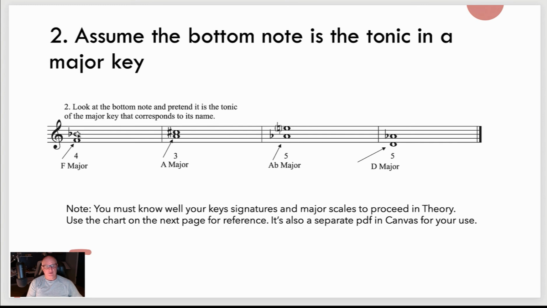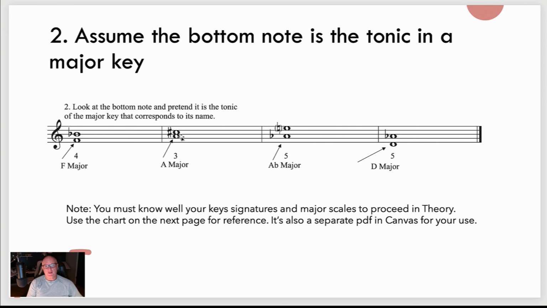And if you need a cheat sheet on the side, use it. So you ask yourself, is that B flat diatonic to the key of F? So it just happens to be diatonic to the key of F. It's the 4th note in the F major scale. So what kind of 4th is that going to be? It's going to be a perfect 4th. So that's how we figure these things out.